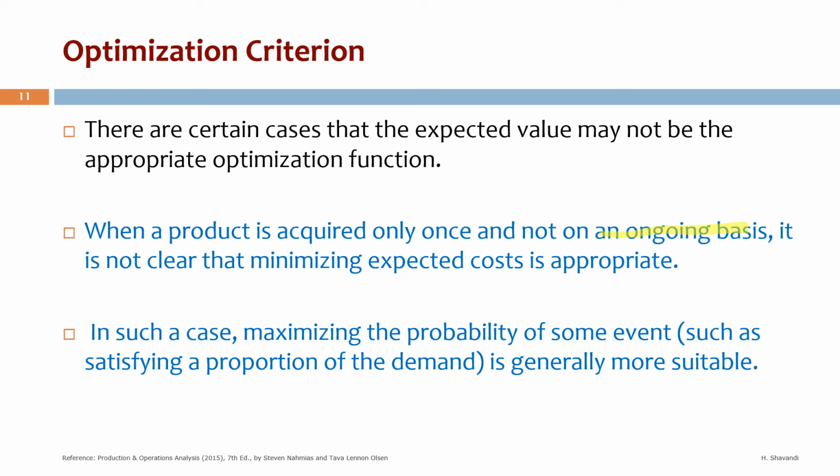So, in order to have a minimum error, we need to consider the expected cost function for a long term, not for a very short term or just one time. In these cases, minimizing or maximizing the probability of some events, such as satisfying a proportion of the demand, could be a better criterion.